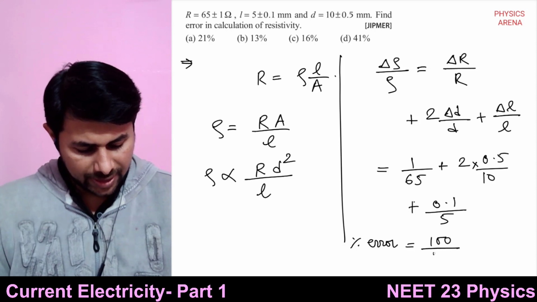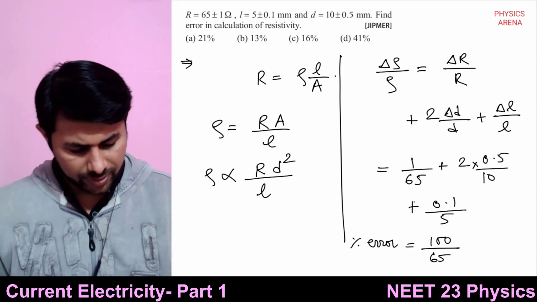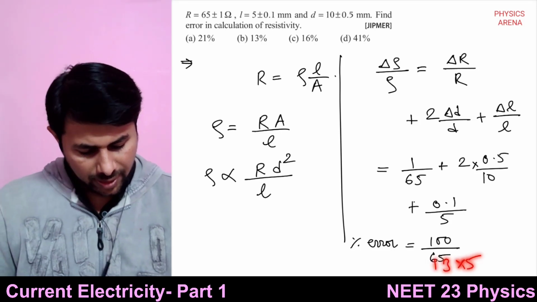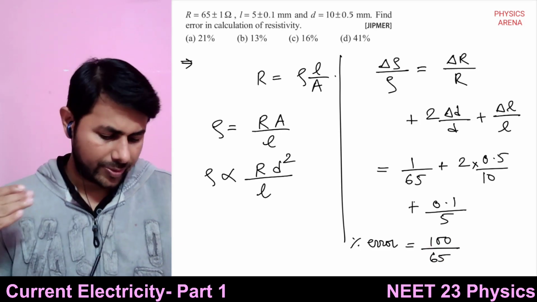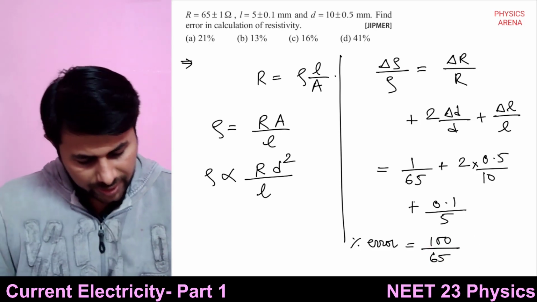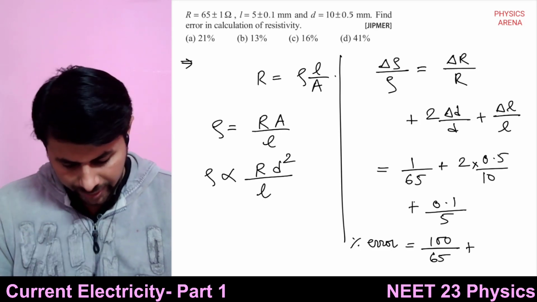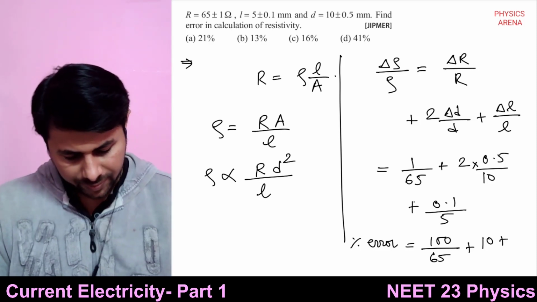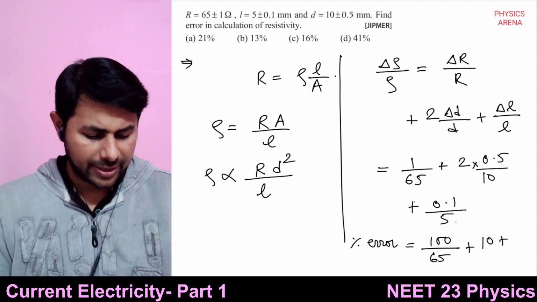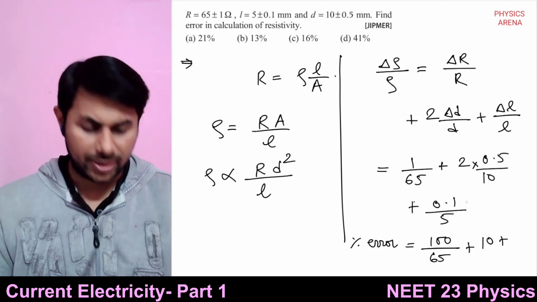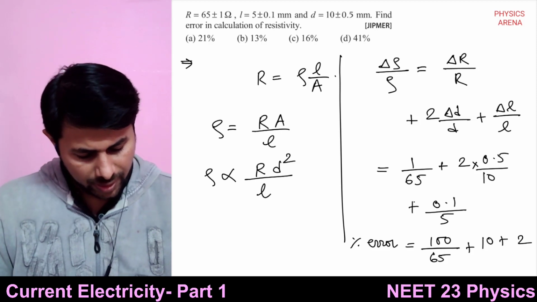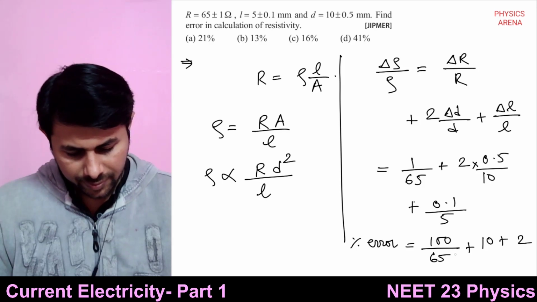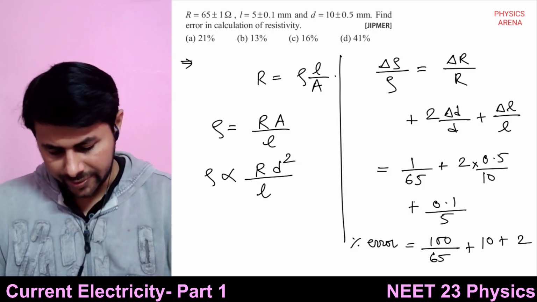So 100 divided by 65, which is 20 divided by 13. Then 100 divided by 10 is 10, and 100 multiplied by 0.1 is 10, 10 upon 5 is 2. 10 plus 2 is 12, and this will be 1 point something. Okay, it will be 13.